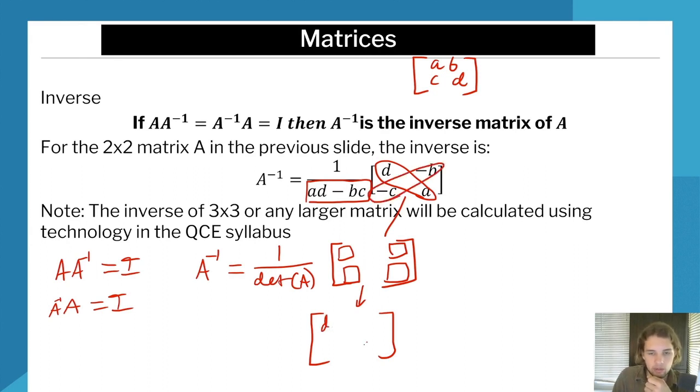So D and A swap, and then C and B have flipped signs. And then we multiply that by 1 over AD minus BC. If you can remember that, it's useful, but also if you can look up the general way to find a determinant, it does help understanding a little bit. Remembering this, though, is completely fine.